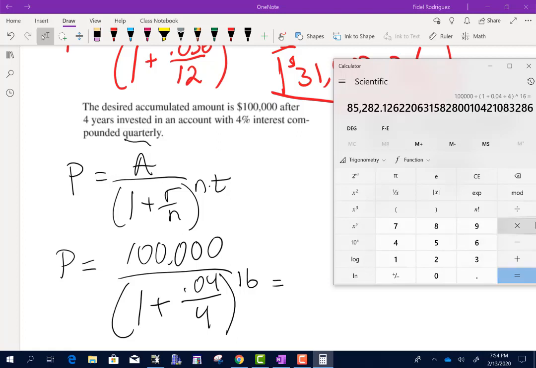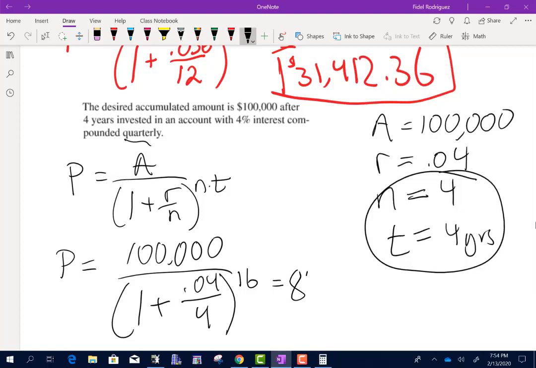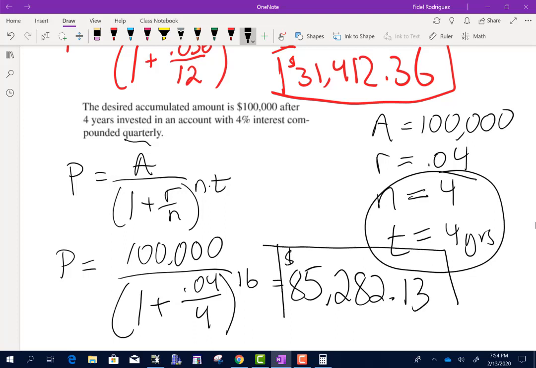And again, we said it's going to be less than 100 grand, and it's $85,282.13, so 85,282 and 13 cents.